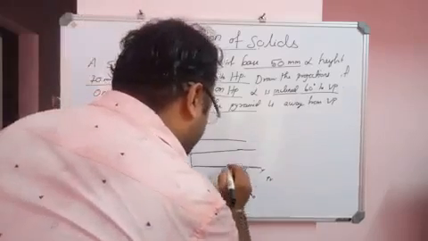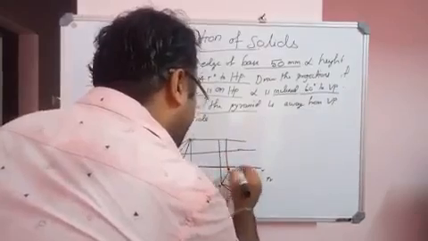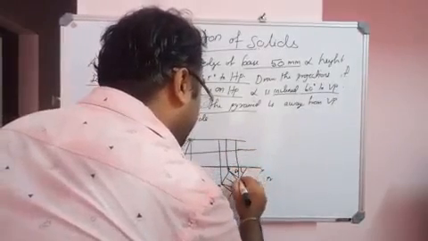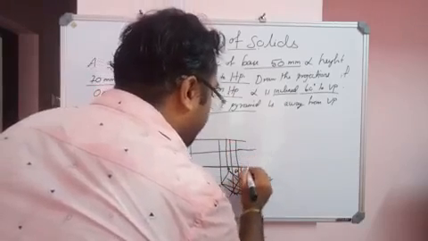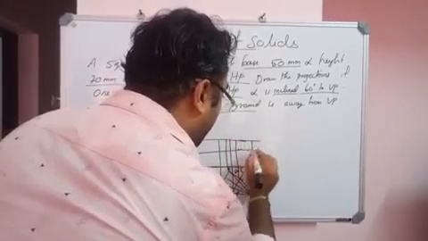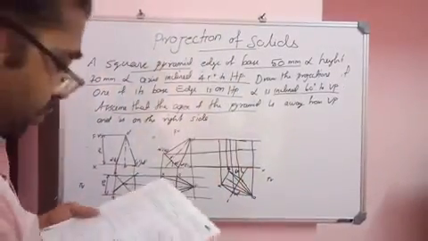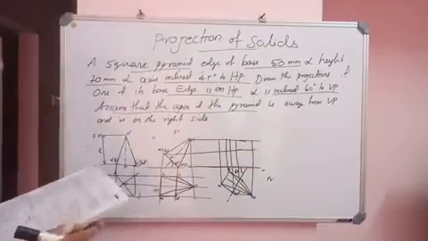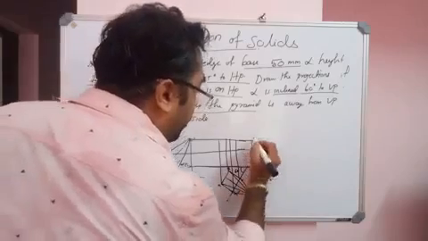Okay, now you can see this A, I'm going to write A, B, C and D, and this O point is already there. Now I'm making horizontal lines and vertical lines. Here this point O dash and this O will meet here.